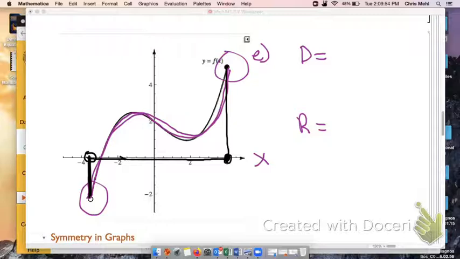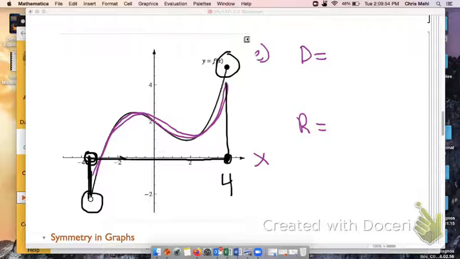Now look at the endpoints of this function. The leftmost endpoint is an open circle. That means it is not on the graph, so that x value is not in the domain. This point is a closed circle, which means it is a point on the graph, so 4 would be included in the domain.